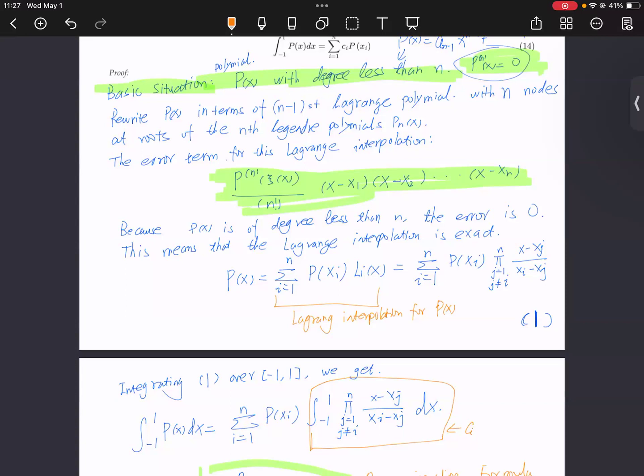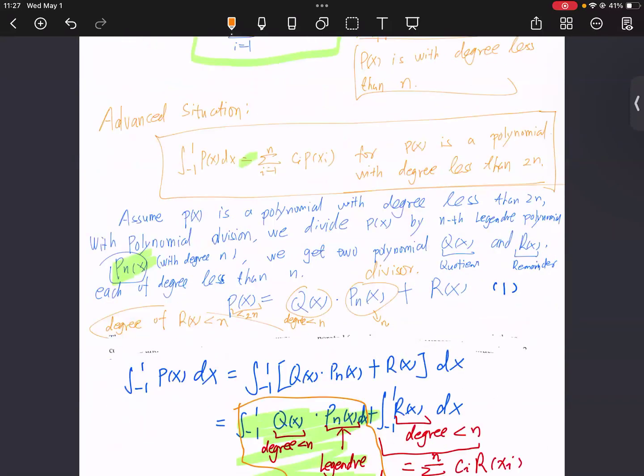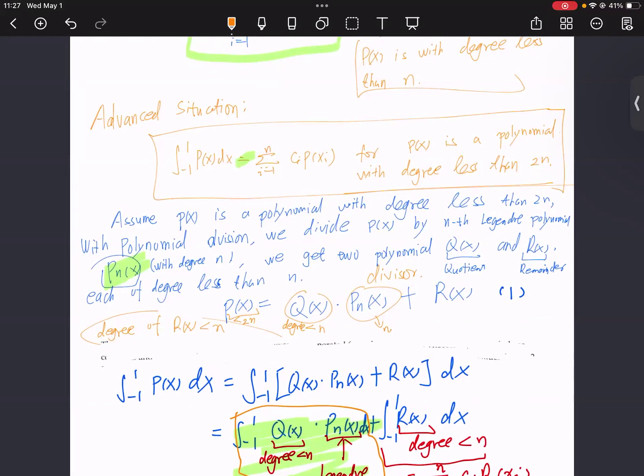This uses a technique you have heard before from linear algebra, which is polynomial division. I am not going to prove it in detail.